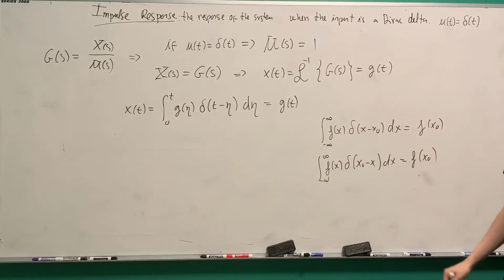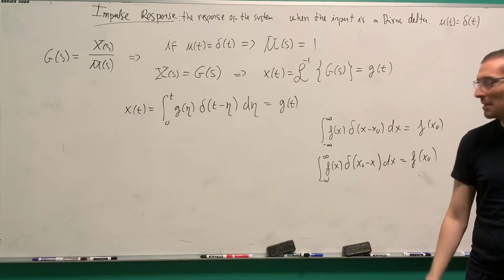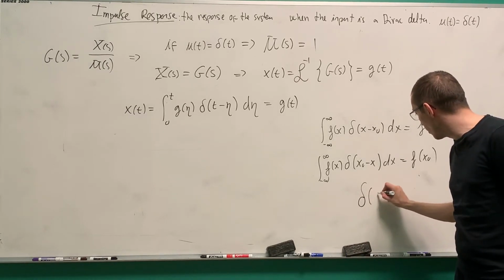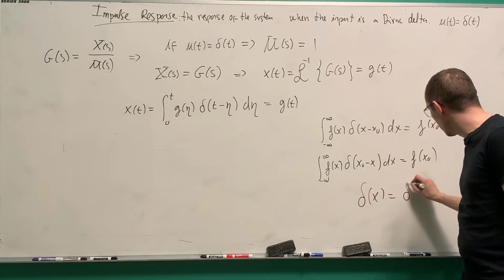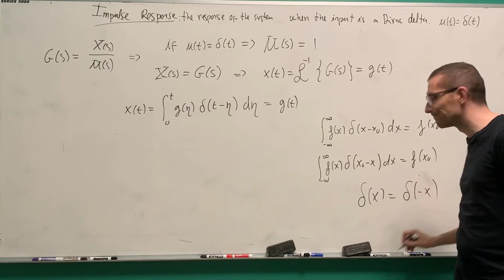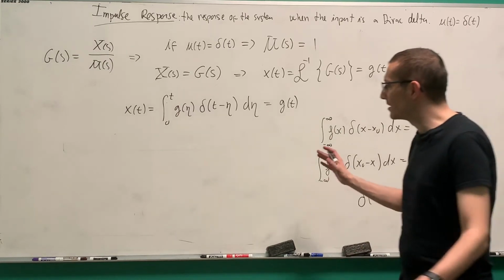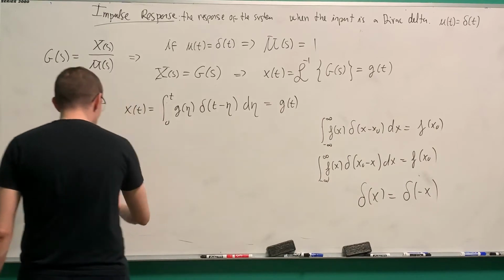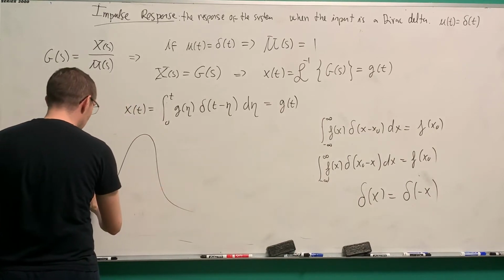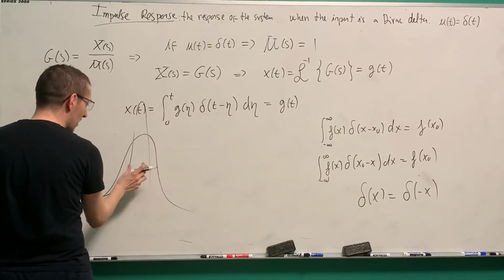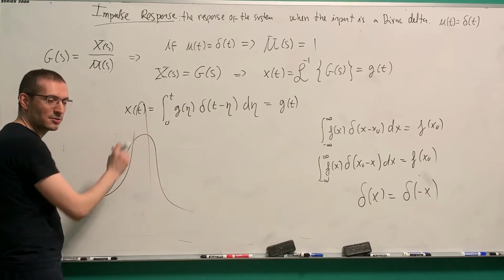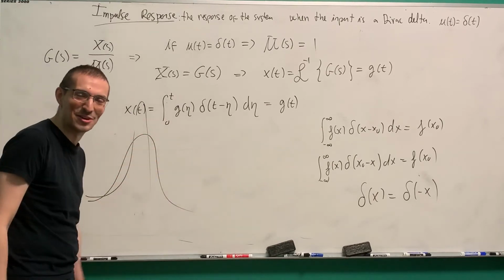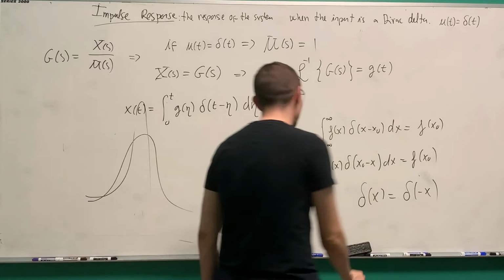And the answer is yes, because the delta is a symmetric function. Delta of x equals delta of minus x. All right? Think of it as this Gaussian function that was getting taller and thinner. So it's a symmetric function when it gets to the limit, right? This is 1 point, so it's very symmetric. All right.